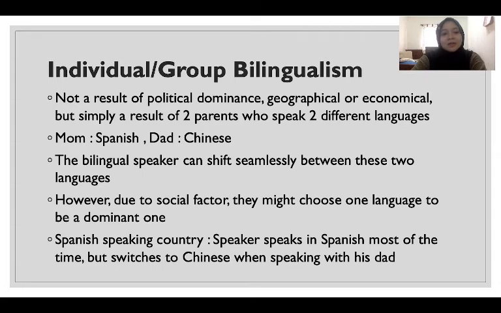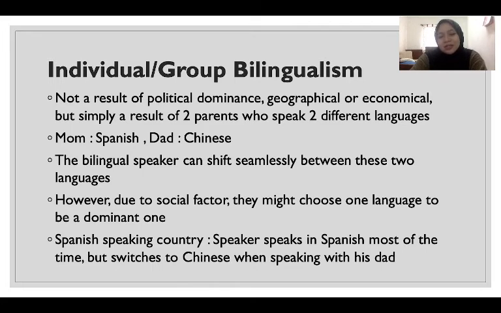For example, the mom speaks Spanish and the dad speaks Chinese. So the bilingual speaker can shift seamlessly between these two languages. However, due to social factors, they might choose one language to be the dominant one.